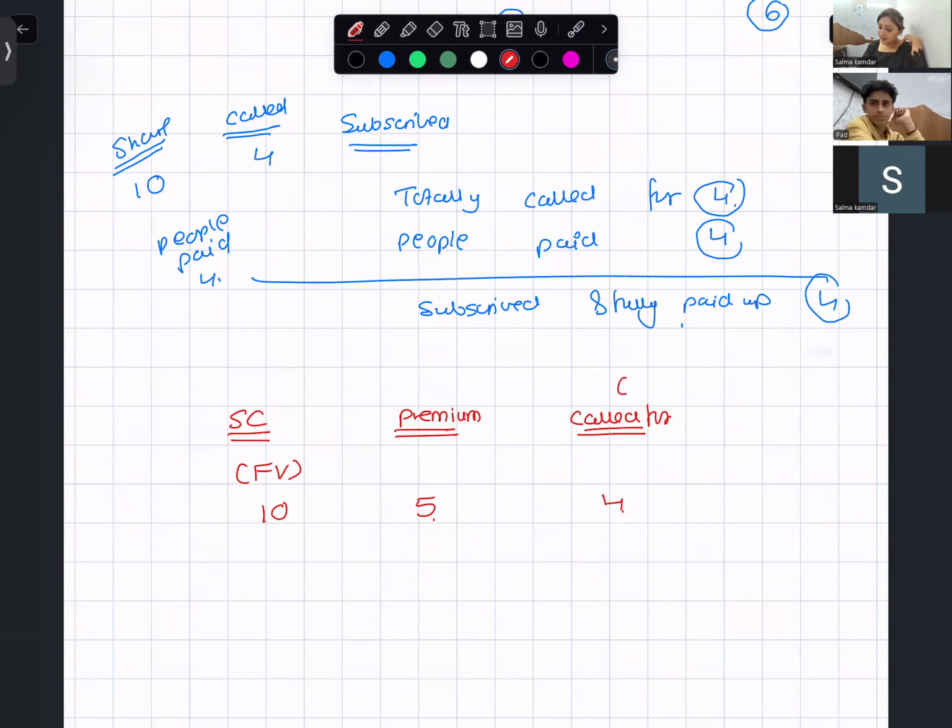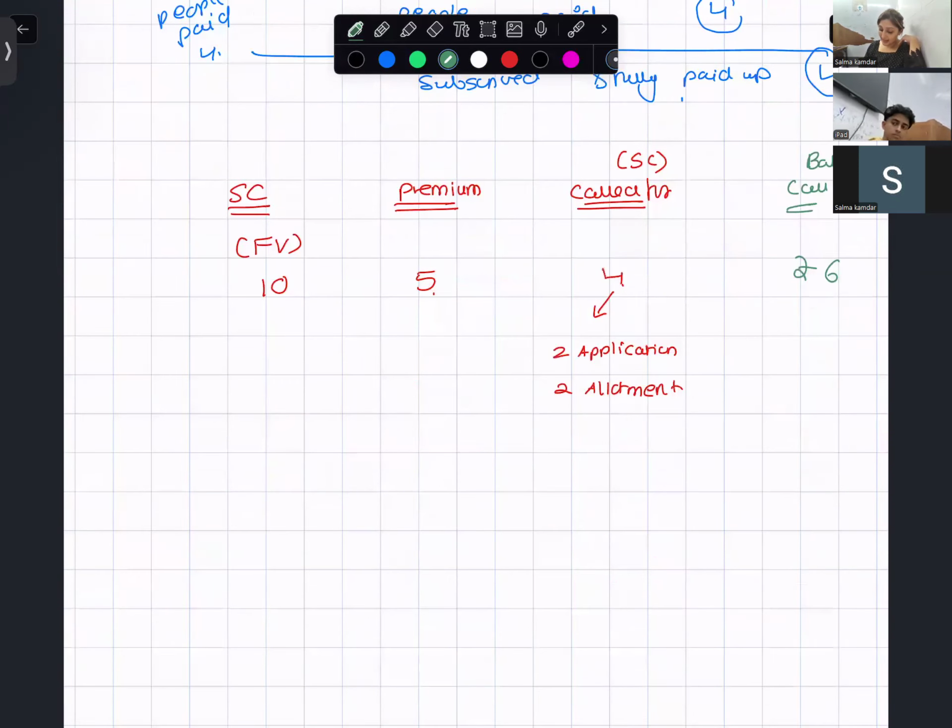Called for means I'm only talking about the share capital section. This 4 was 2 on application, 2 on allotment. Okay. Balance I will be calling. Balance was on call. How much is the balance? Balance is rupees 6.